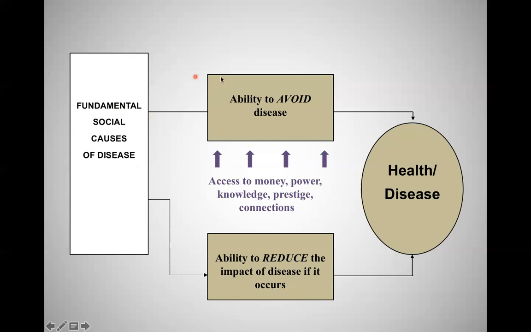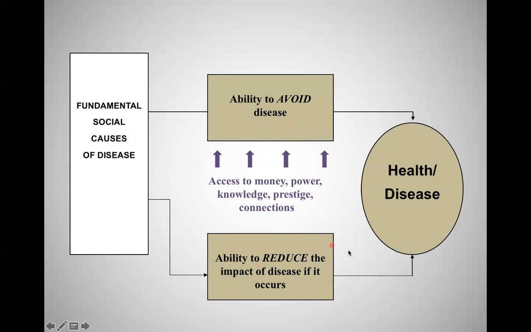So the first pathway, I mean, if we want to think of them as pathways, from fundamental social cause to health is basically that the fundamental social cause helps us avoid disease and improve health.